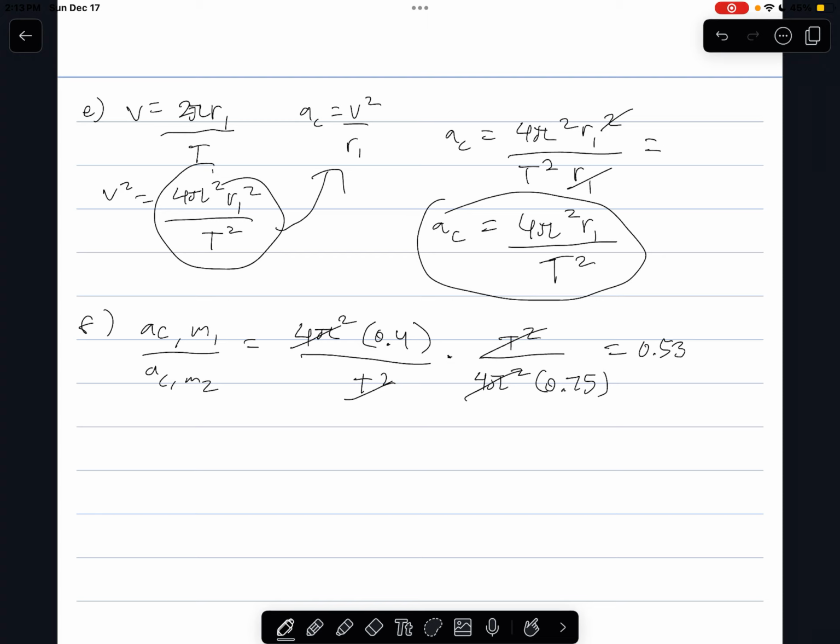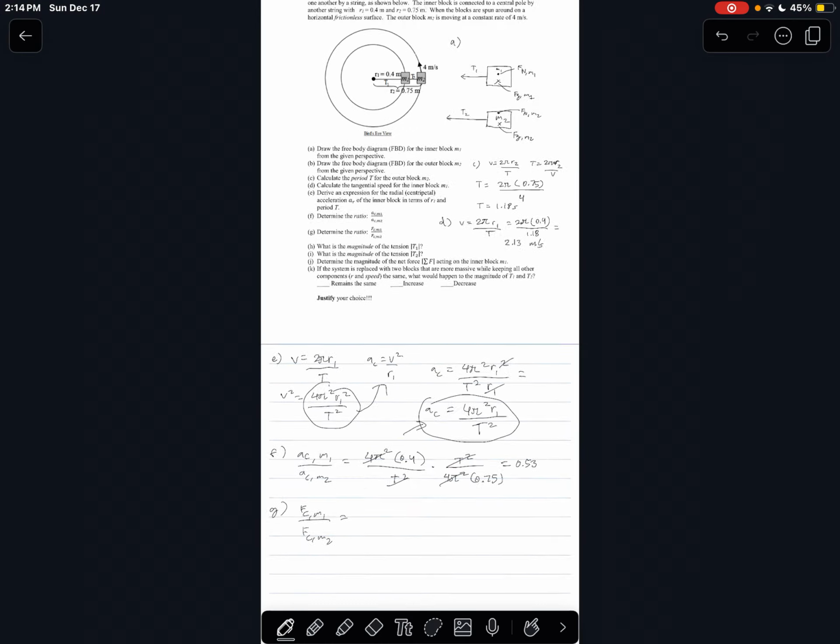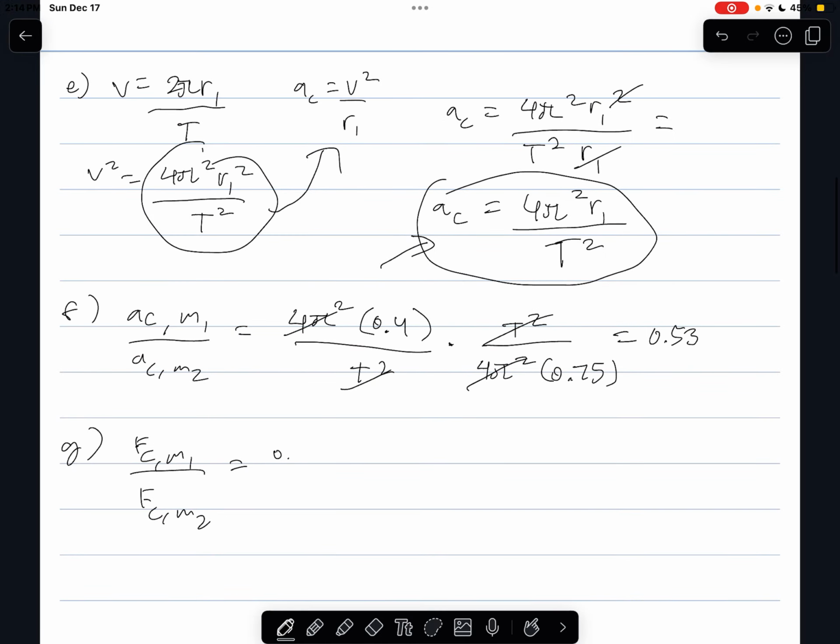Then for the ratio of FC, it's FC of M1 over FC of M2. It's basically just AC, but with the mass in front. The mass of M1 was 0.05, and then V squared over R, which is AC.